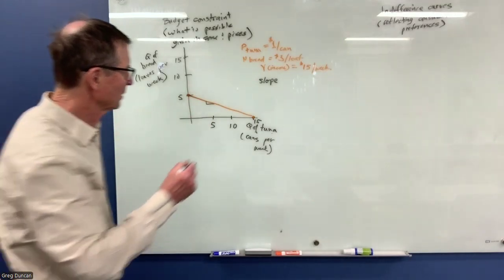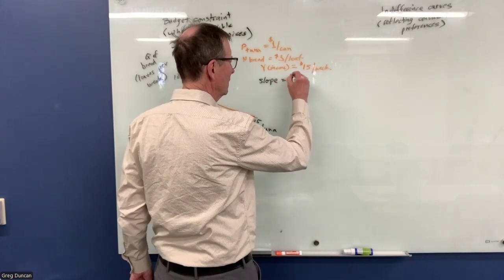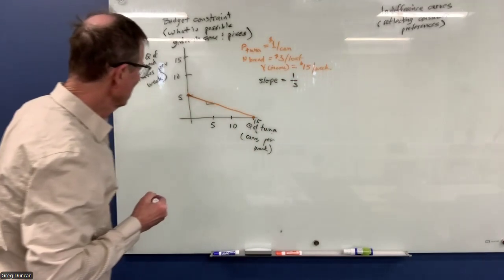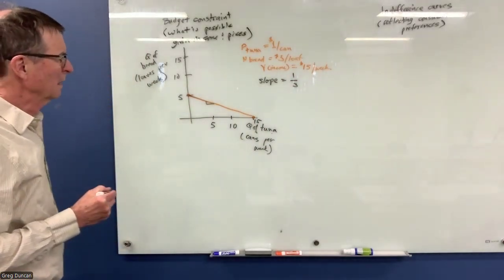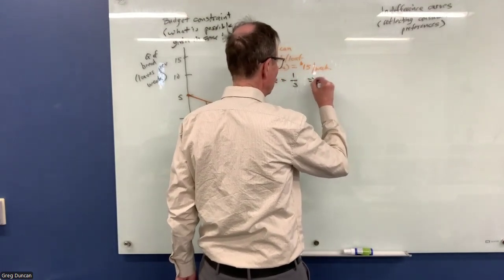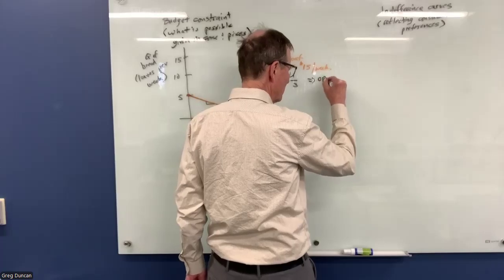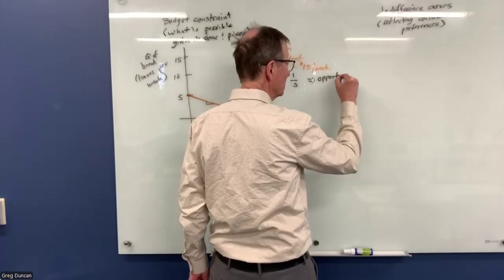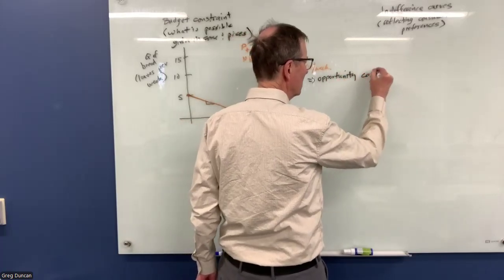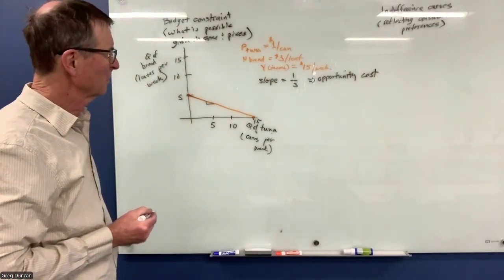With that $3, we can buy 1 can of tuna, or 3 cans of tuna. So 1/3. And that's a measure of opportunity cost.